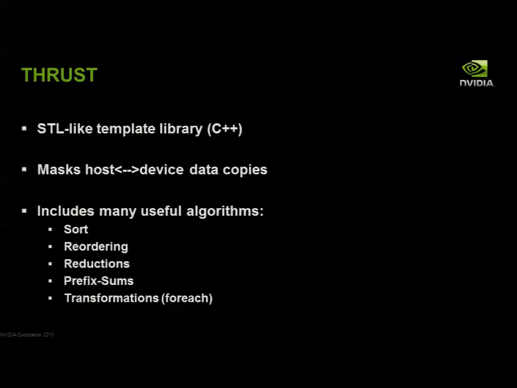Thrust, mentioned before, but here you have a list of the different algorithms. Probably the most interesting ones are definitely sort, the reductions and prefix sums. Those are tightly related, and those are operations that can be very handy if you need to write them for yourself.